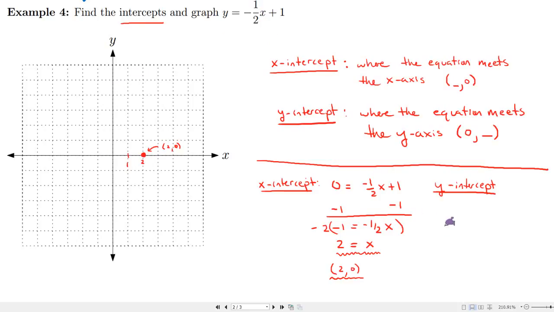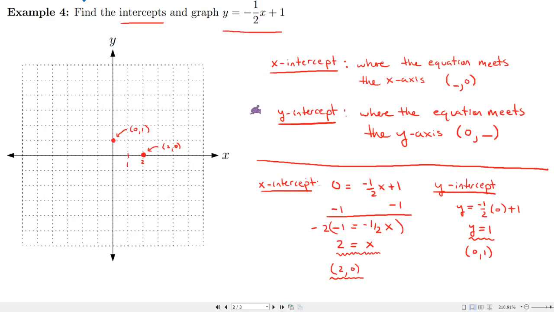So let's set that equal to 0 and see what happens. Well, I'm going to have y equals -1/2 times 0 plus 1. Well, anything times 0 is 0, so that's just y equals 1. So then our y-intercept, the point, will just be 0, 1. So we'll put that here. So 0, 1.